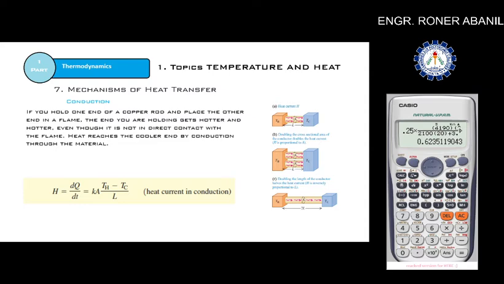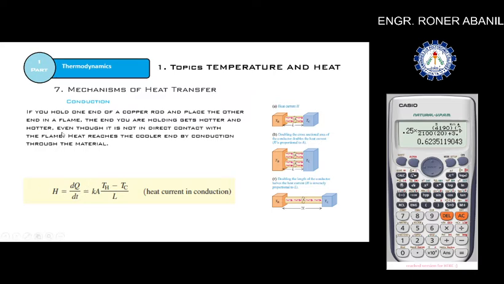So, paano natin i-describe yung difference ng two material? So, the three mechanism of heat transfer are conduction, convection, and radiation.